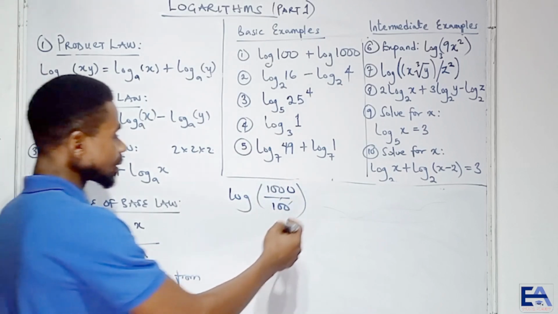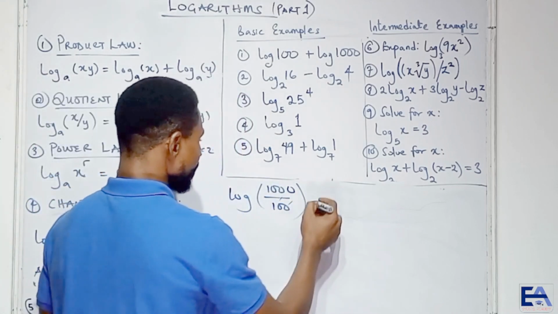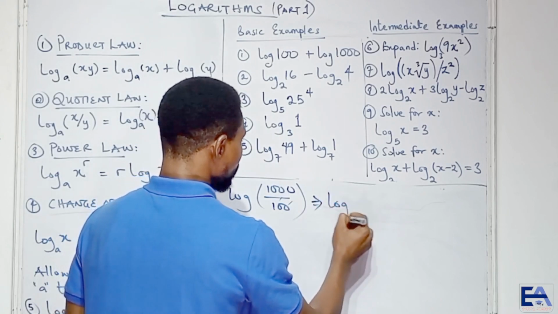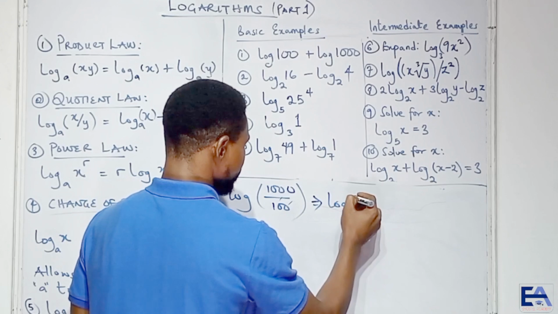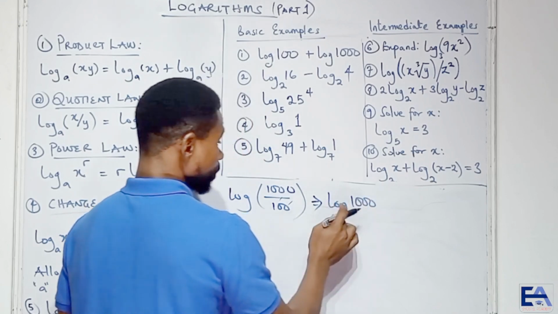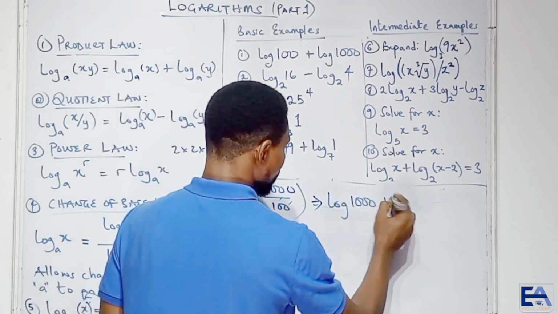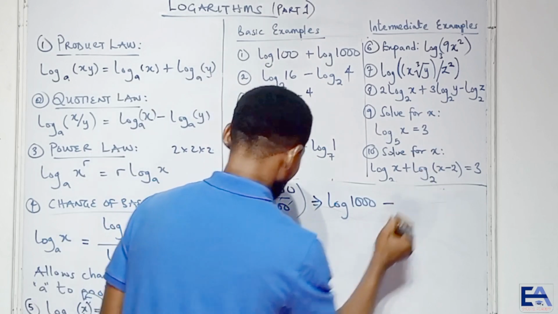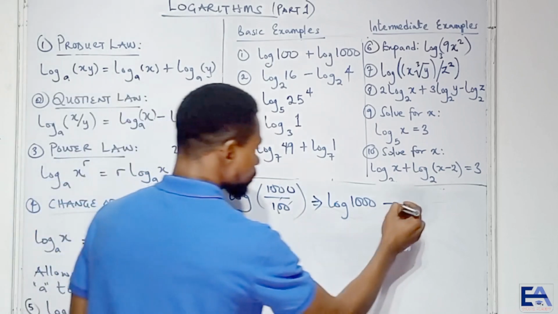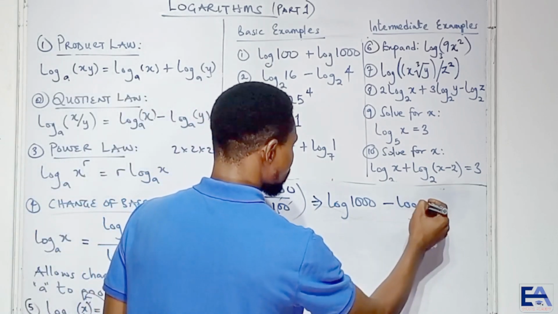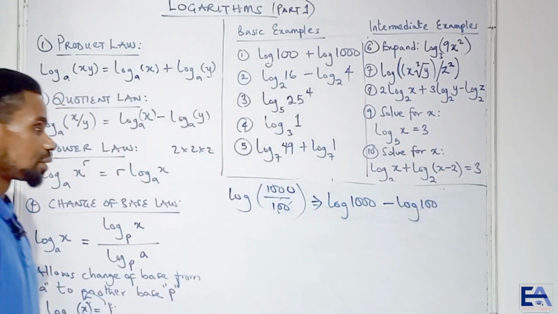So if you do that, what you're going to have here will be log 10 of 1000, right? We are not adding now, we are subtracting because they are dividing. So you have log 1000 minus log 100. You get that?